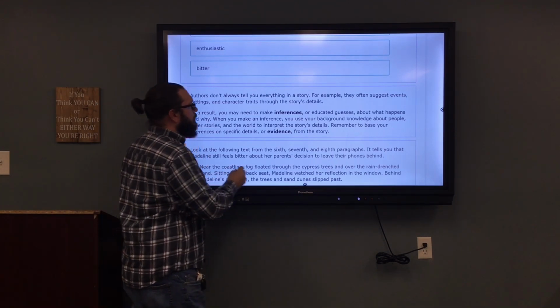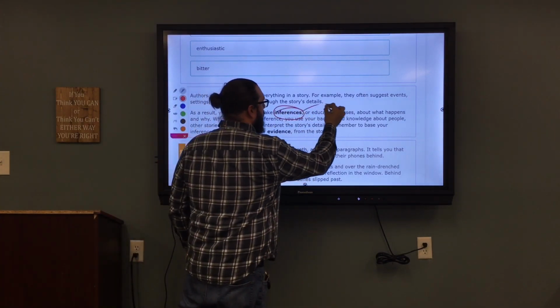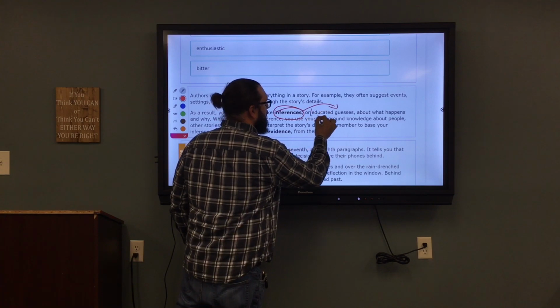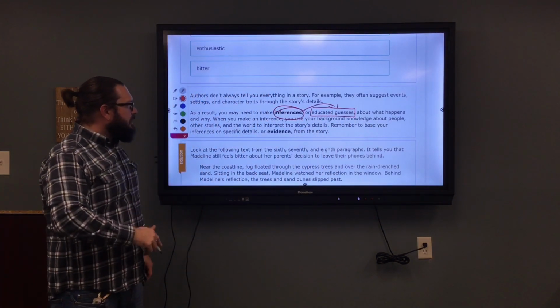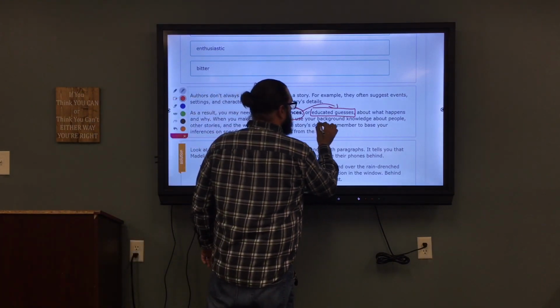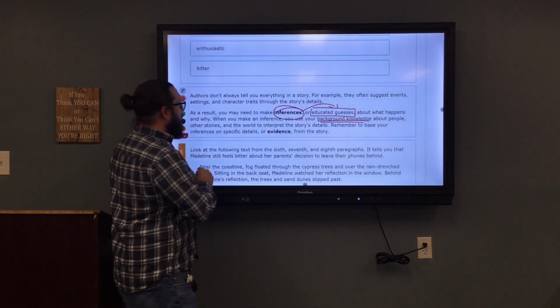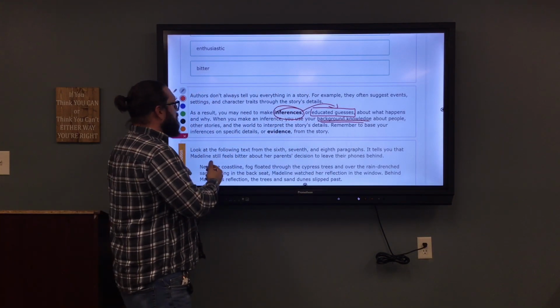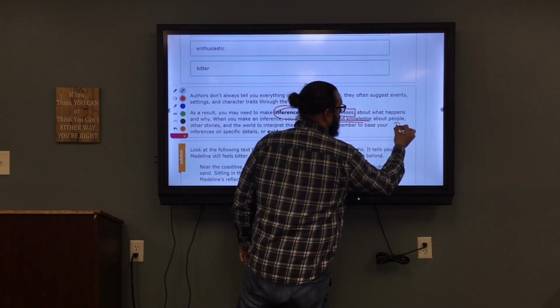Just to be clear with our definitions, inferences are educated guesses, okay? And to make an inference, you use background knowledge as well as your own personal experiences.